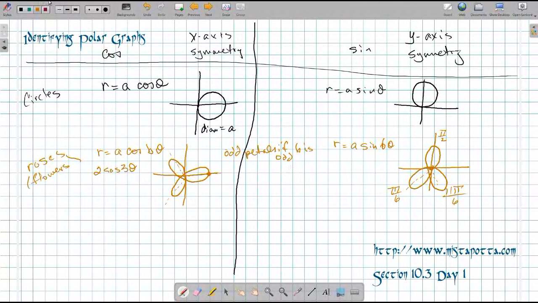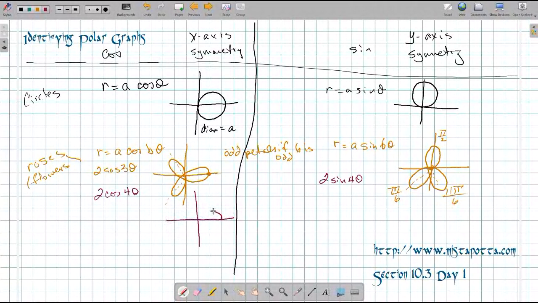But what really is interesting is what happens when I'm dealing with an even number of petals. If I was dealing with 2 times the cosine of 4 theta, or 2 times the sine of 4 theta, what actually happens is, because of this symmetry, I'm going to see this come out.